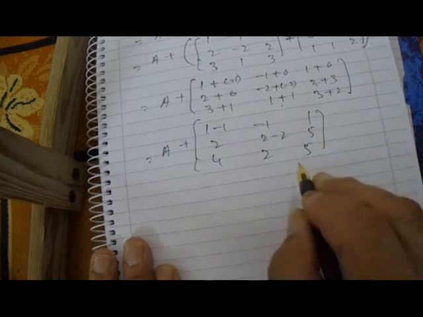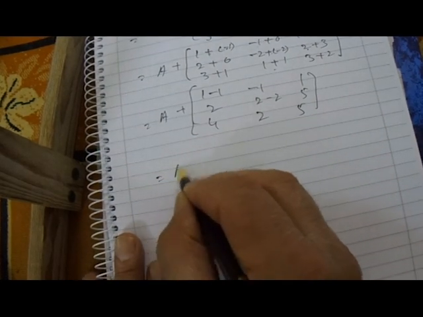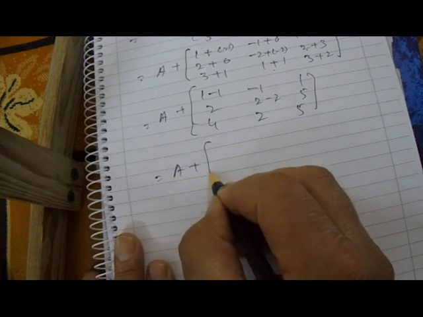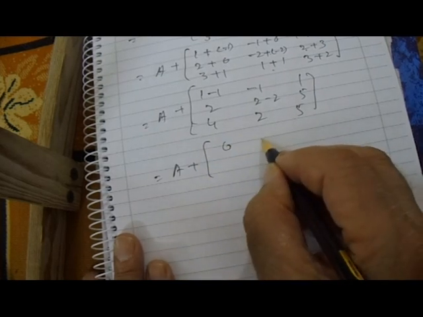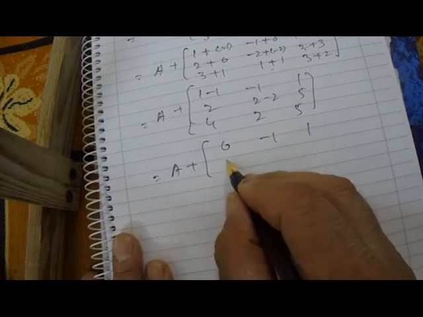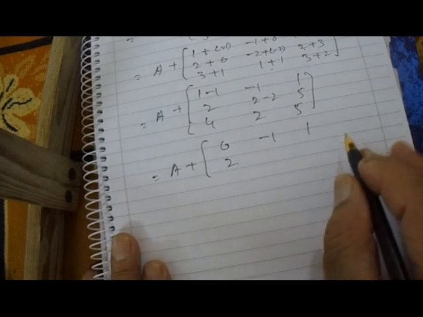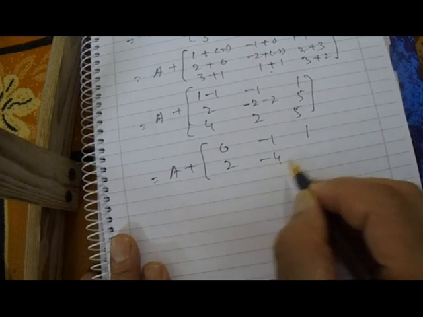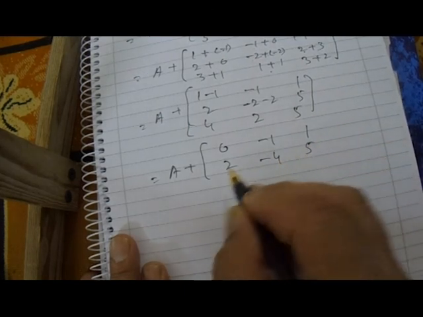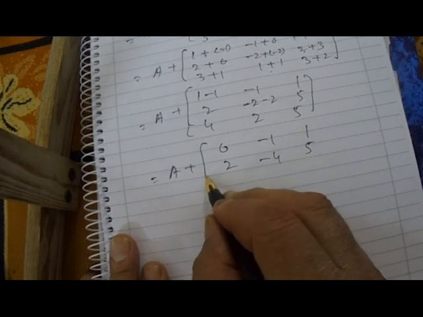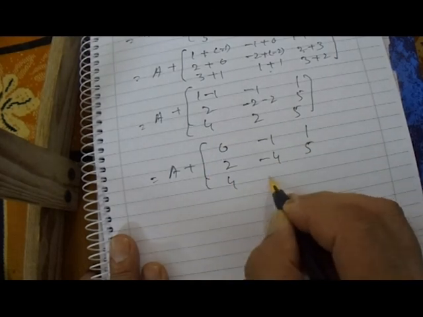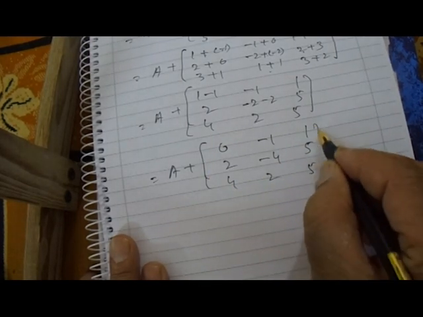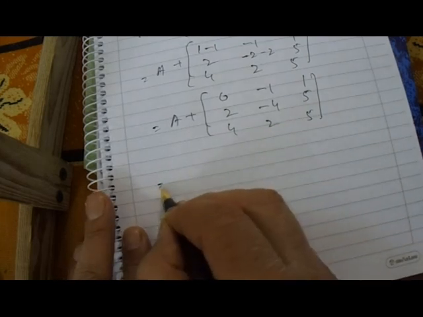Now again we write this A plus 0 here, minus 1 1 2, and this is minus 2, minus 4, and 5, again here 4 2 and 5. Now again we put the A matrix.